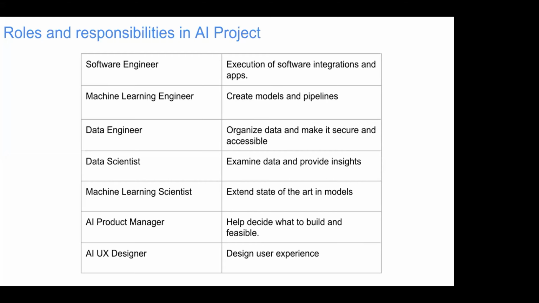And then you need a UX designer who can design the user experience. In some cases, some of these roles collapse, like a data scientist can take on multiple responsibilities. But this is a general idea about the skill set you might need in a machine learning project.